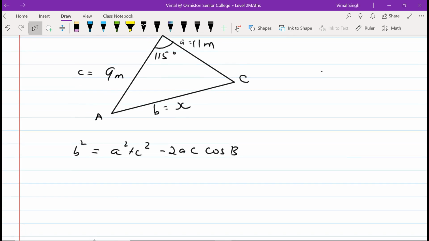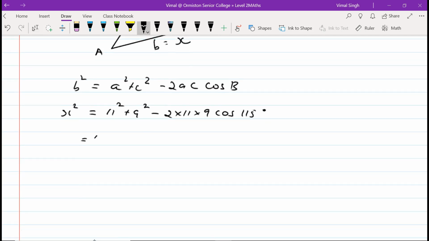Okay, so substituting the values back in here, that gives me x squared is equal to 11 squared plus 9 squared minus 2 times 11 times 9 cos of angle 115 degrees.